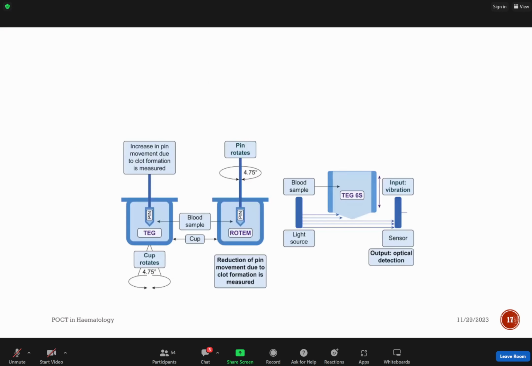Okay, this is to show you the device. They can put the samples here, and they have TEG and ROTEM. The output is optical detection.